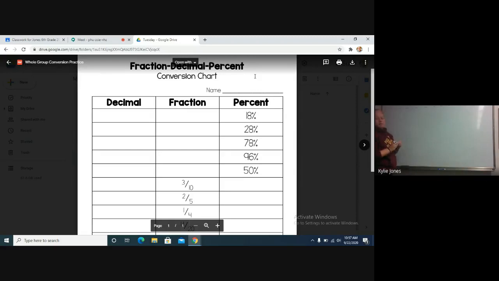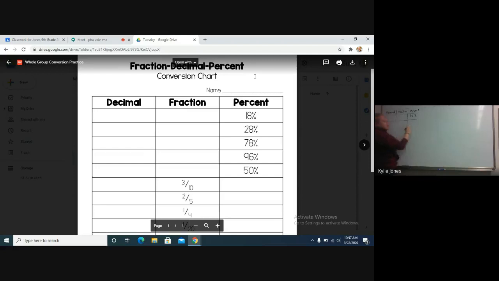All right, so we have decimal, fraction, and percent. Okay, so the first one we're going to do is 18%.